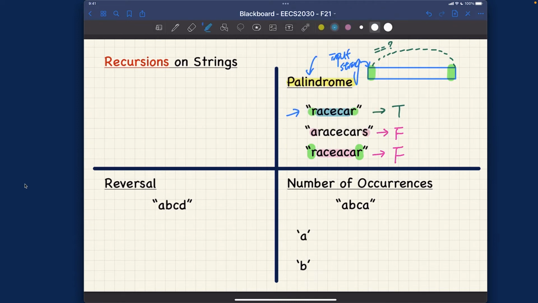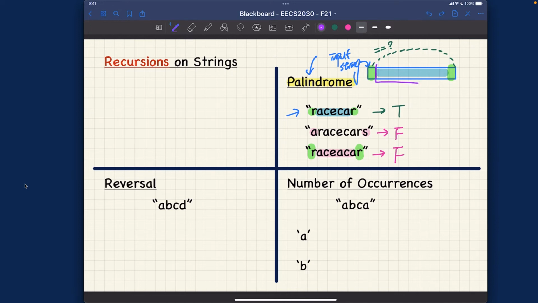The middle part here, you can think of as a strictly smaller string, since you already took out the beginning and the last characters. Let me just draw a solid line here.